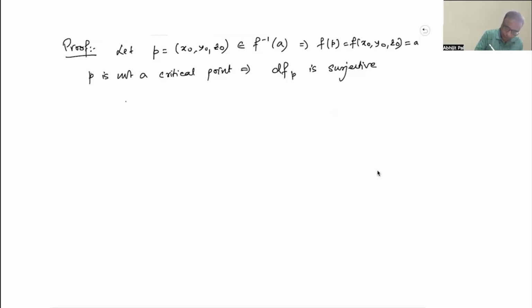Okay, so this is surjective. And this map is a linear map, and it is surjective. Okay, so this will imply that D of f at P is not a zero map.